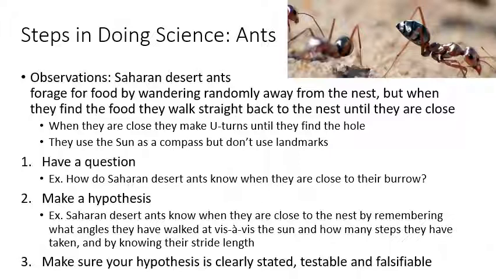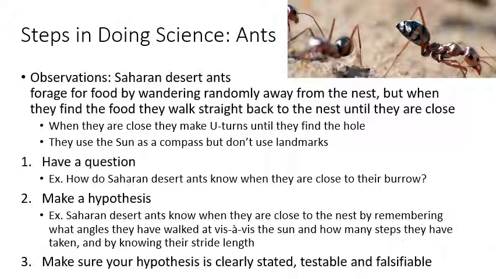People have observed that when they're looking for food, they just wander around the desert at random until they find it. But when they find some food, they make a beeline straight back to the nest, until they get pretty close to the nest, and then they start making a lot of U-turns until they actually find the entrance to the nest. So that's kind of strange.